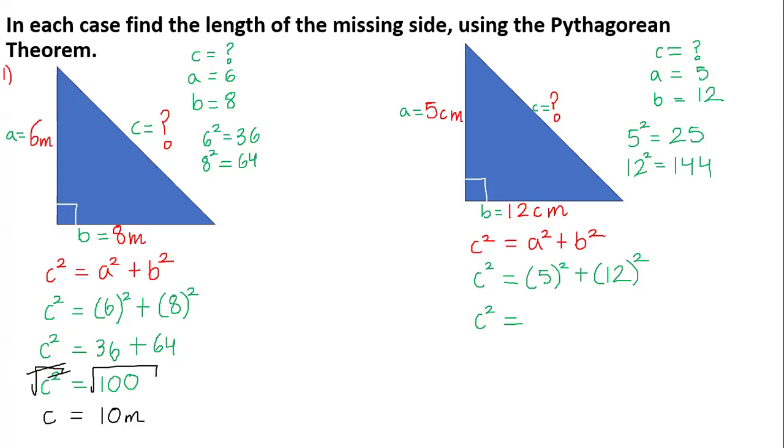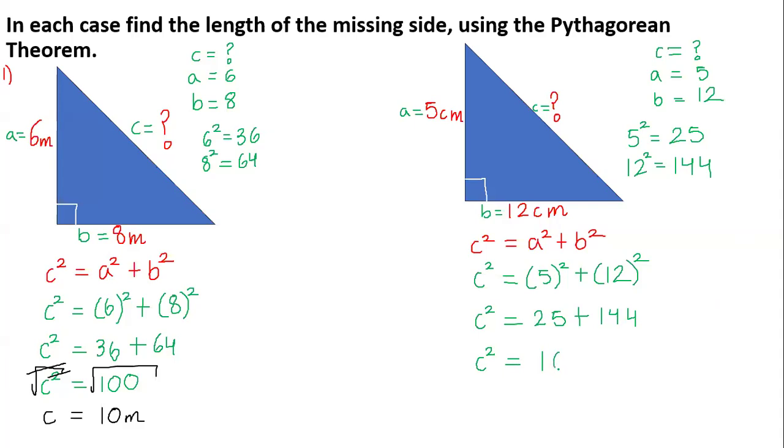So you see that we got 5 squared, which is 25, plus 12 squared, which is 144. That makes sense? Yes, sir. Now we're just gonna add them. 25 plus 144 is gonna be 169.